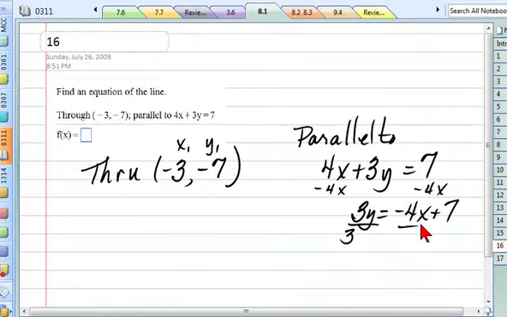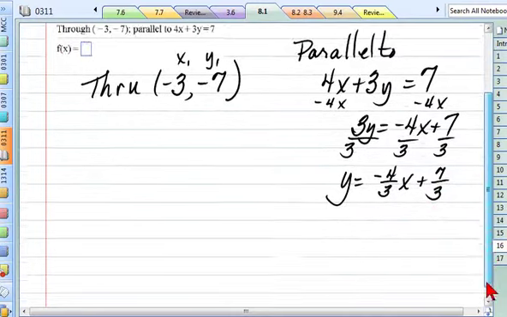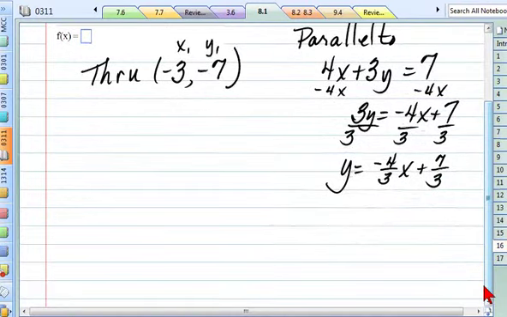Divide by 3. Divide everything by 3. And I get y is equal to -4/3 x + 7/3. Now that is y = mx + b format.